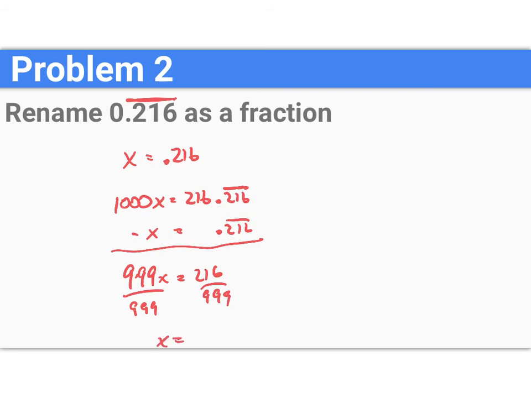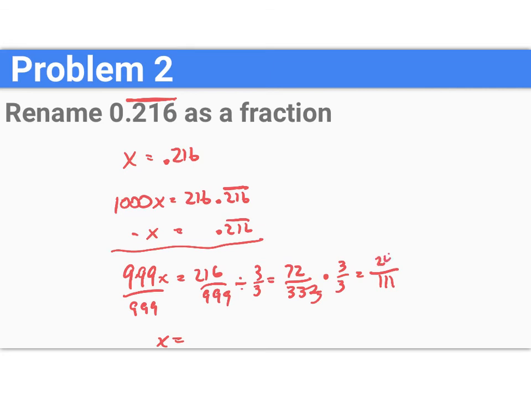Divide both sides by 999. X will equal 216 over 999. So now we can reduce this fraction, divided by 3 over 3. We get 72 over 333. Let's try another 3. That's 111. And we could have divided 216 by 9.